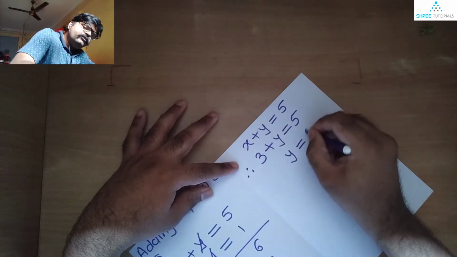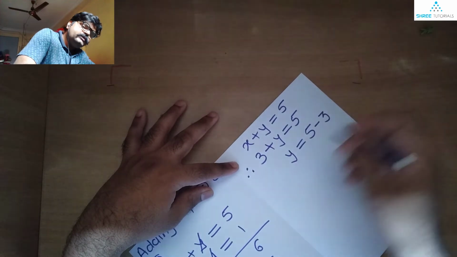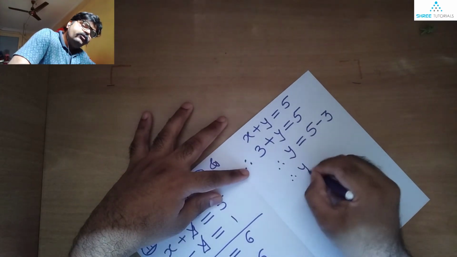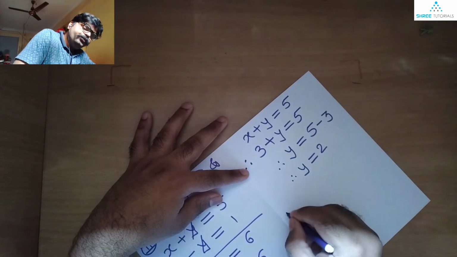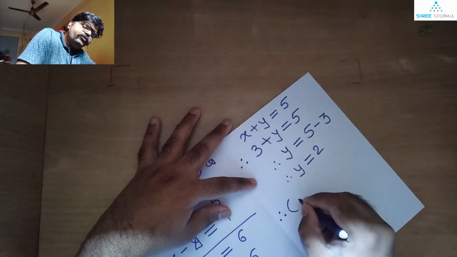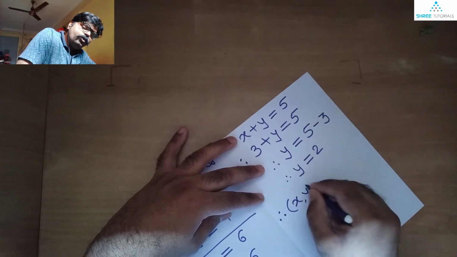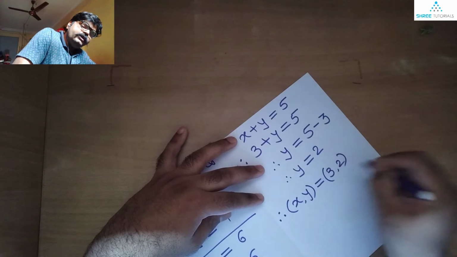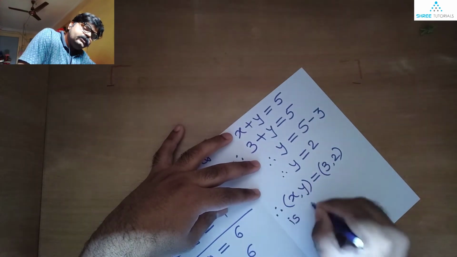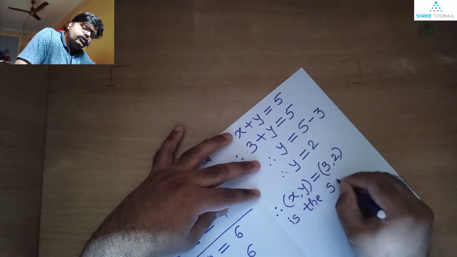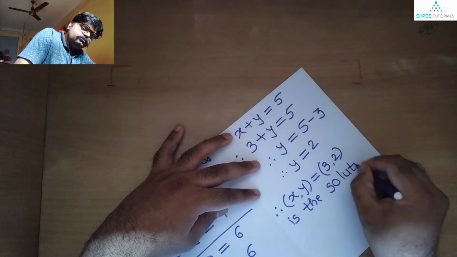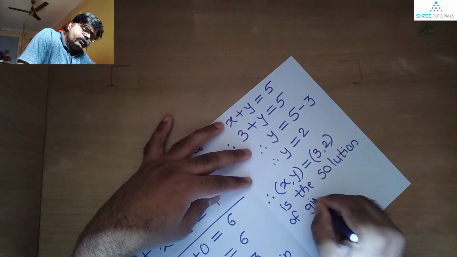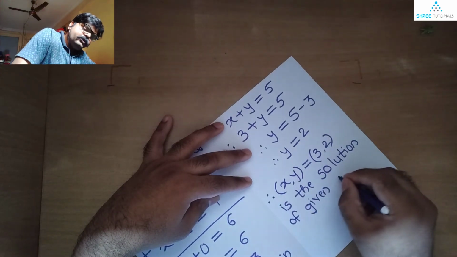Therefore y is equal to 5 minus 3, and y's value we are getting it to be 2. So therefore finally what we can write is that x and y's, these two values we have calculated so far, they are actually 3, 2 is the solution of given simultaneous equations.